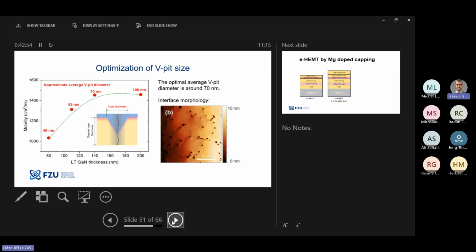And we also changed the size of V-pits to see what size you need to improve the mobility. And we have found that around 70 nanometers it's quite okay, which was achieved in a thickness of GaN layer about 140 nanometers.